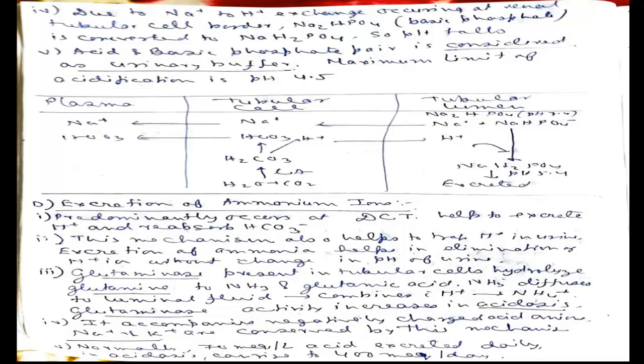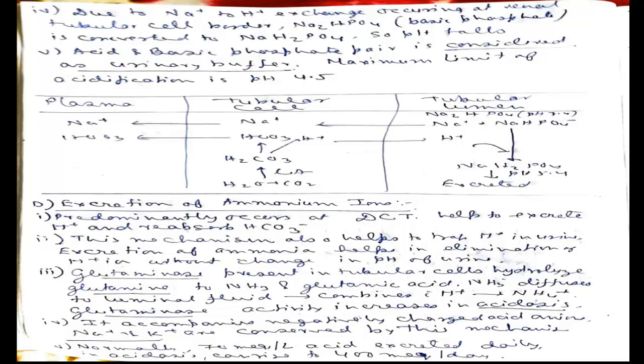So, when there is acidosis, to neutralize this acidic effect, glutaminase activity in kidney increases. Ammonium ion accompanies negatively charged acid anion. As a result, sodium and potassium are conserved by this mechanism.